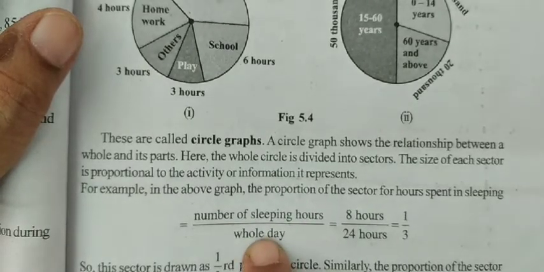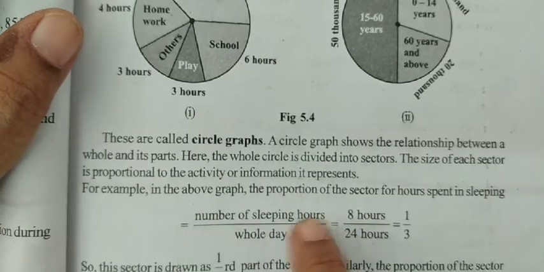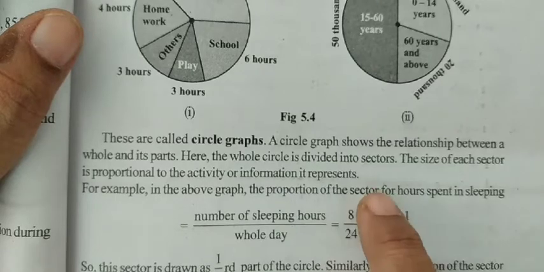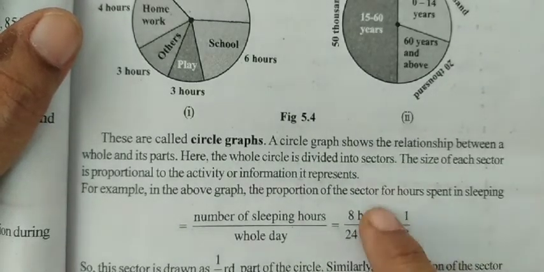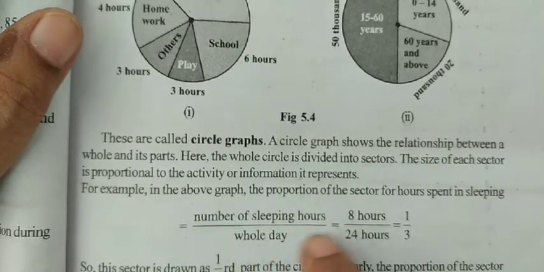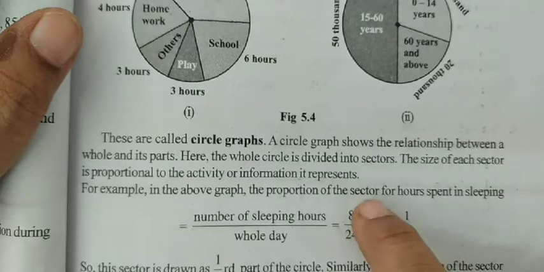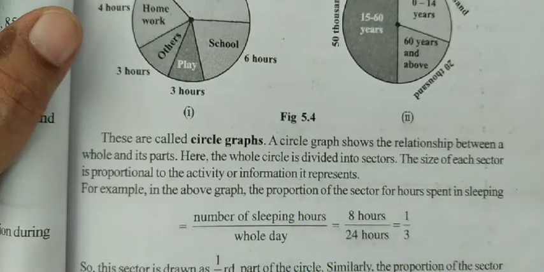In a day, total hours is 24, and number of sleeping hours is 8. So 8 upon 24. On simplifying, we get 1 upon 3. This is the proportion for sleeping hours.